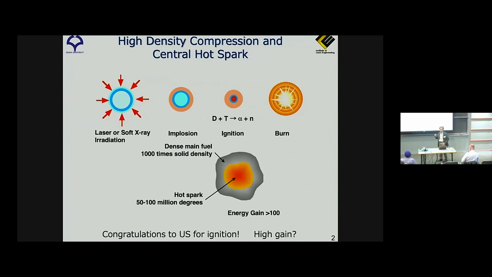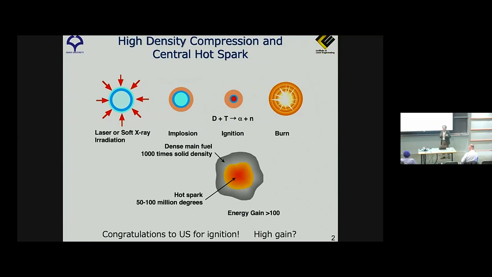The outer part of the capsule is heated up by this energy source, and then the heated material expands toward the vacuum. As a reaction to that expansion, the rest of the target is accelerated inward. That is an implosion.